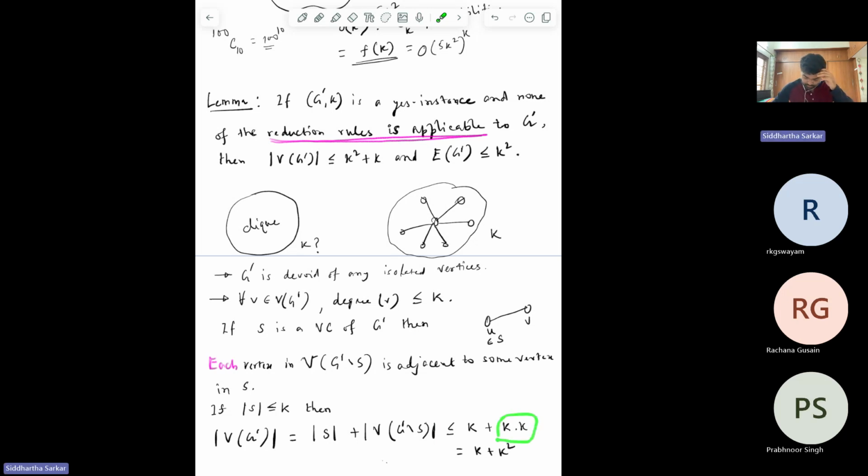That is why the reduced graph has so many vertices.